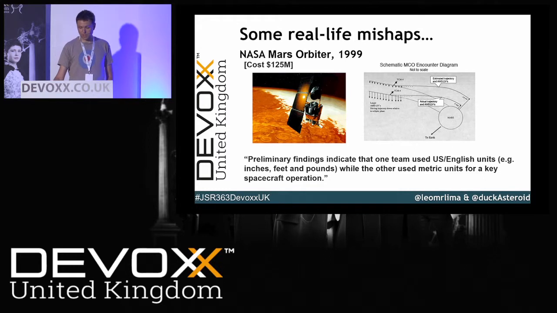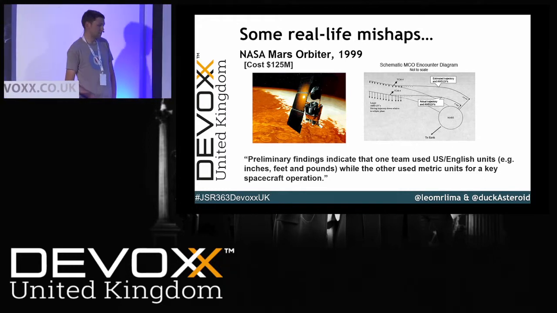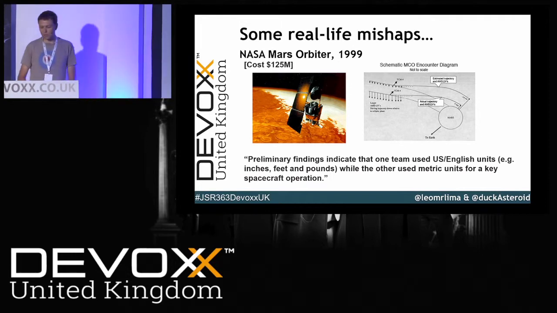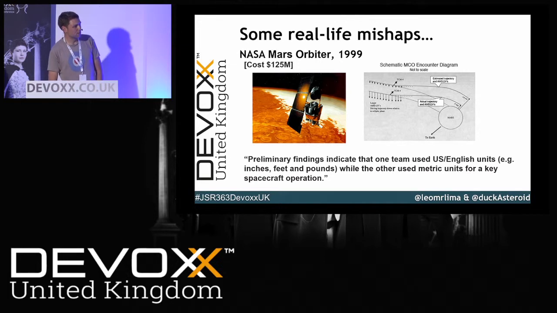The findings were that people used the wrong kinds of units again. We had US English units, e.g. inches and feet, in one part of the computer program, and metric units in another part of the computer system. So millimeters into inches as a number gets you that $125 million worth of failure.